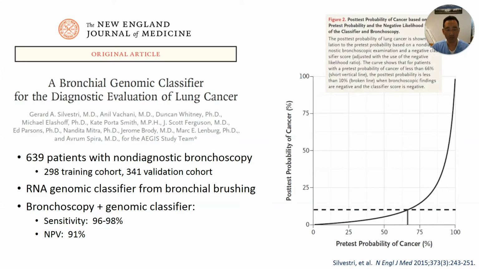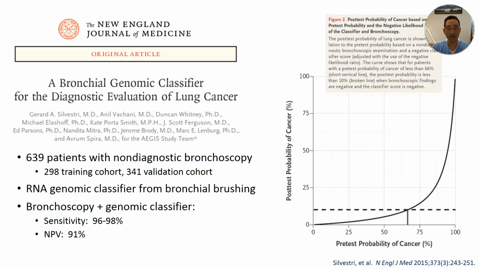So what you end up with is a graph like this, where you have a pre-test probability on the x-axis, and on the y-axis you have the post-test probability. Now, the idea is that if you have a patient with a pre-test probability, in this example drawn at 66%, where that solid line is, with a negative bronchoscopy and a negative genomic classifier, you may have a decreased post-test probability, in this example, of maybe 10%.